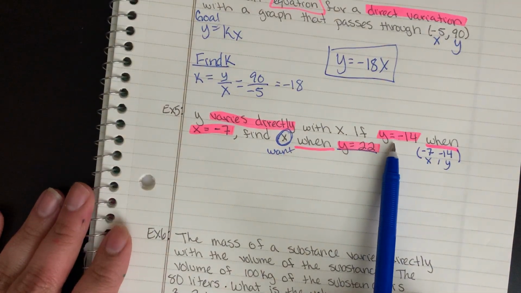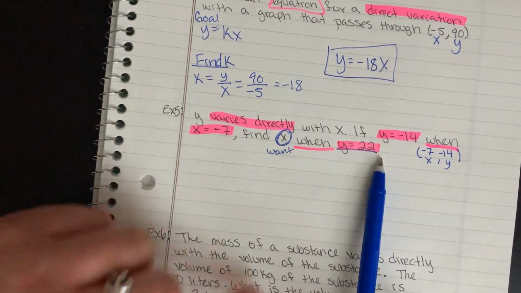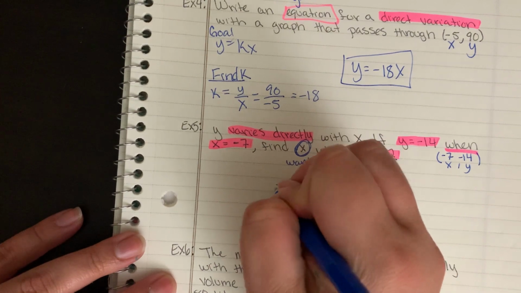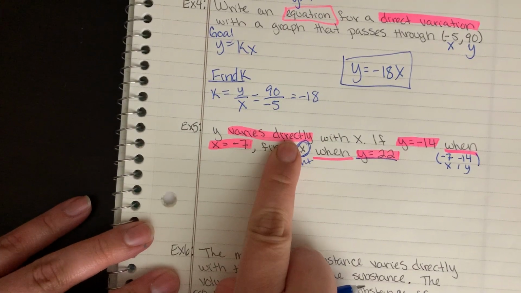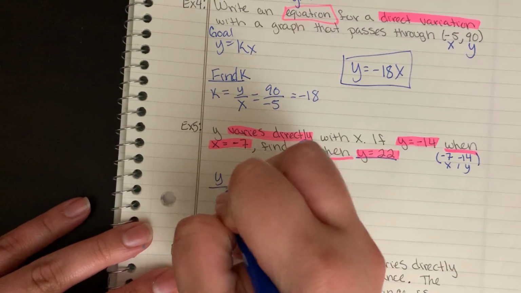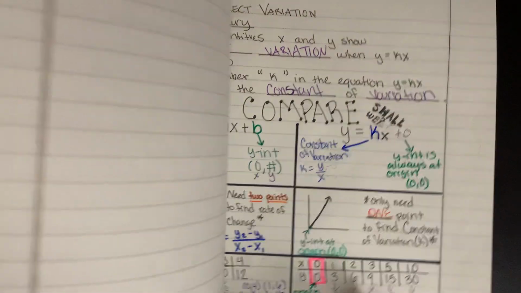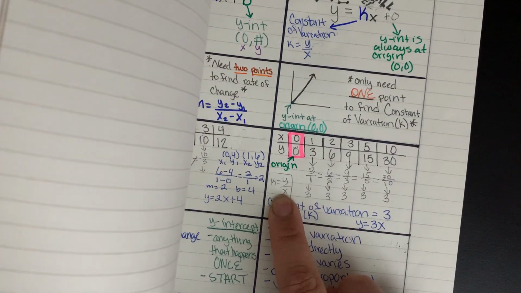So this is telling you that you have two things that are equal to each other because it says it varies directly. We already know how to write this: y over x. That is how we find when something is directly proportional.